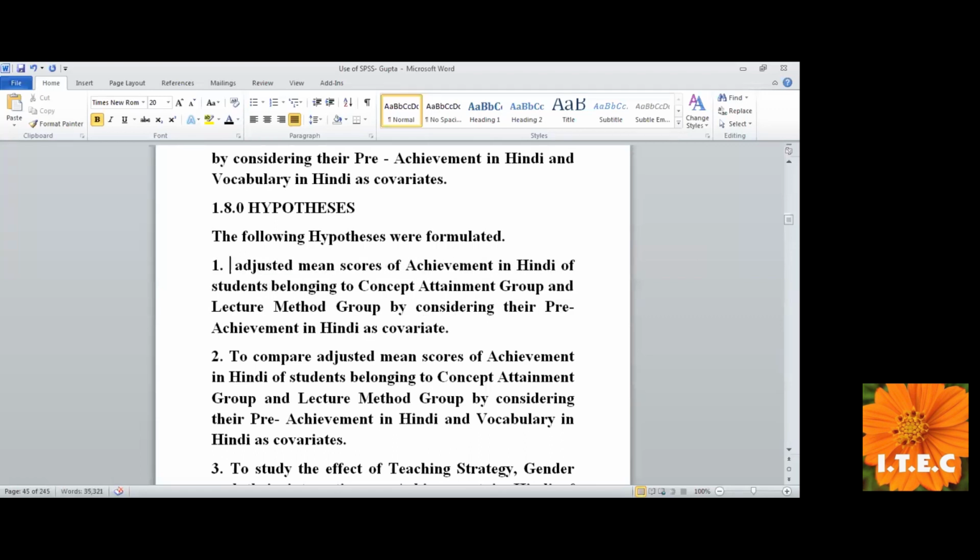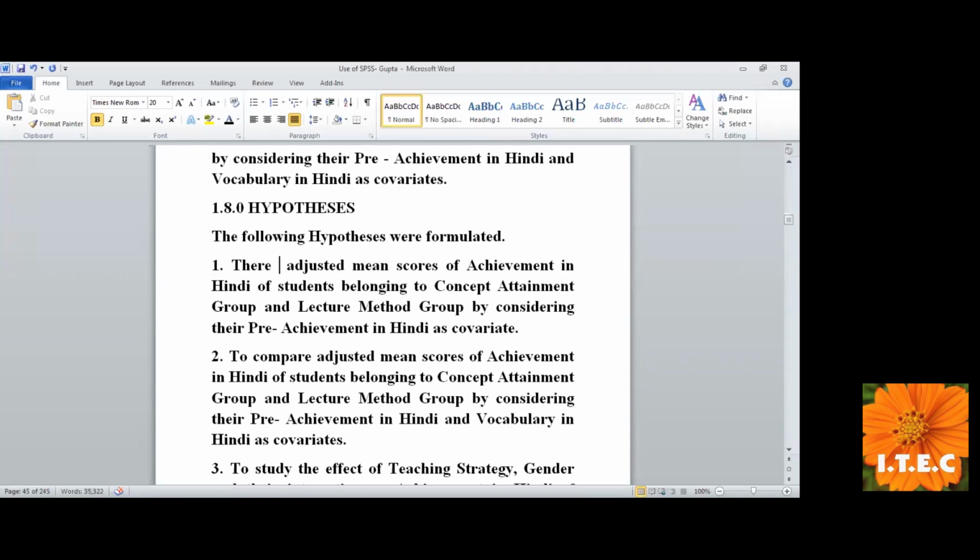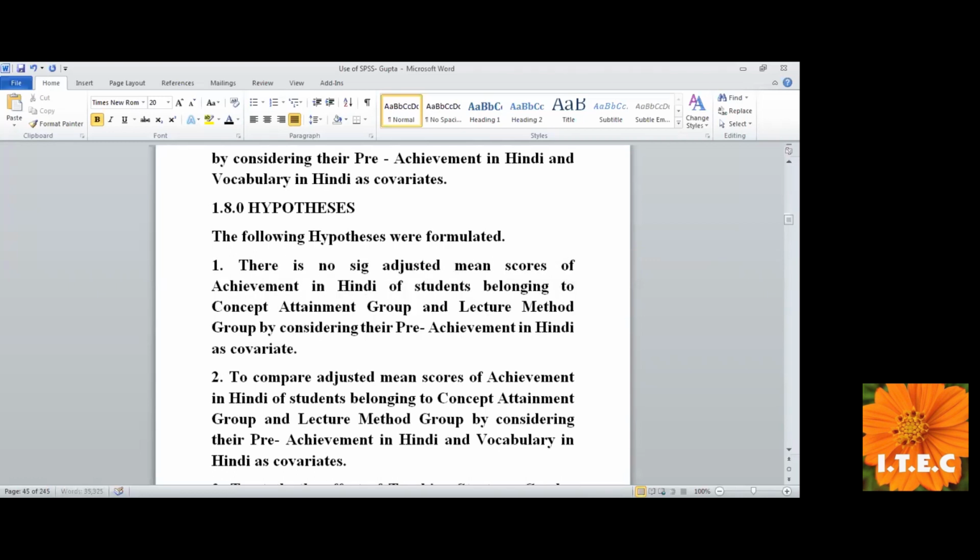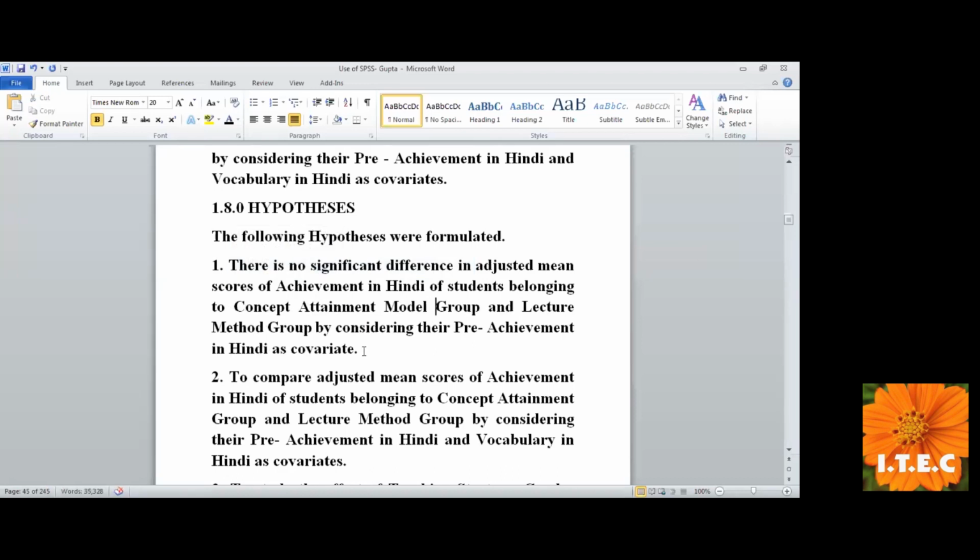The changes are, there is no significant difference in adjusted mean scores of achievement in Hindi of students belonging to concept attainment model group. Oh, I should write model.